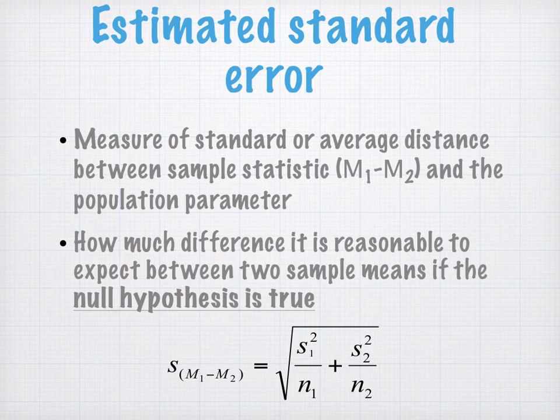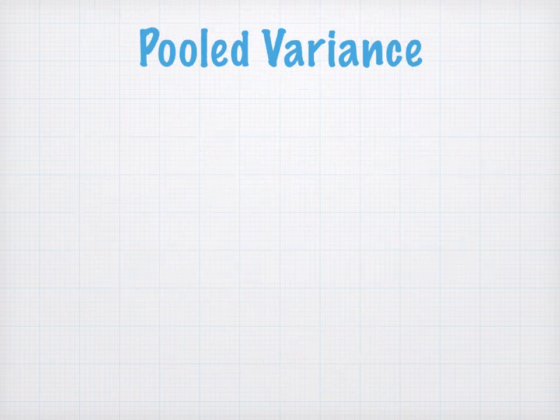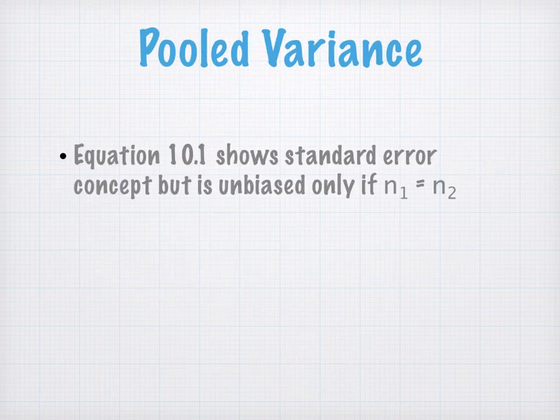So the best way to do this is to use pooled variance. Pooled variance shows what the standard error would be if we take out this whole issue of sample size. The equation on the previous slide only works if the groups have the same sample size.